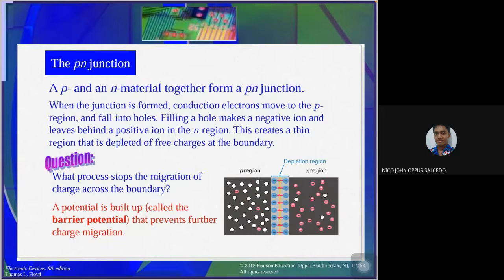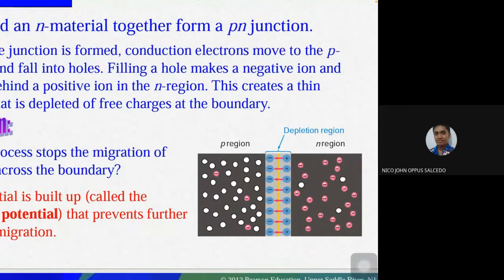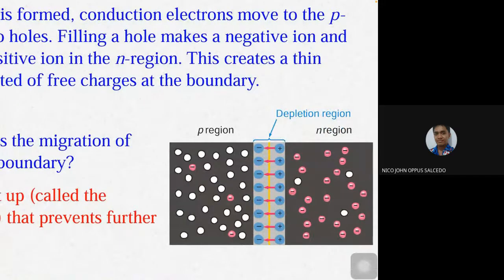We can think of it as a voltage barrier that formed because of the joining of the P-type and N-type material. Because of the presence of the filled up P-type and N-type materials in the depletion region, because of those filled up majority carriers.